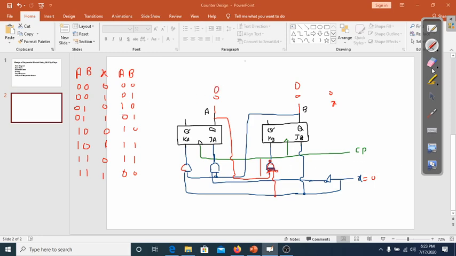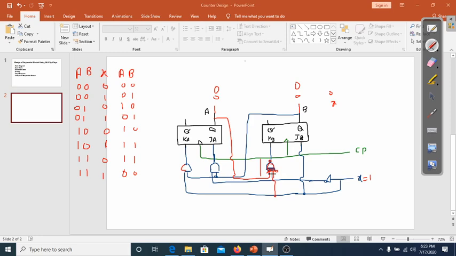So when x is equal to 1, now I'm changing the input. X is equal to 1. What should be the next state? When x is equal to 1, here JB is equal to 1 and KB is the exclusive NOR for A and X. So this is equal to 0.